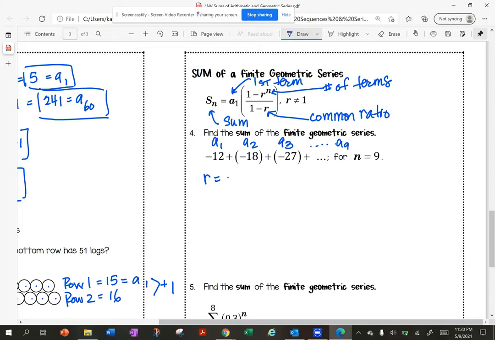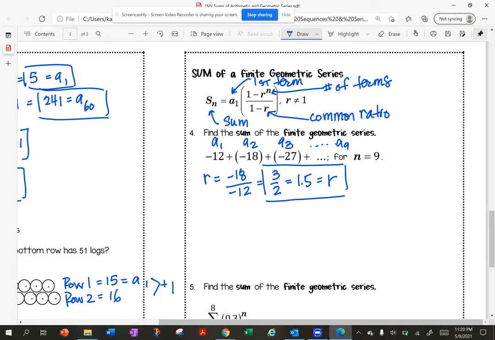So I'm going to take negative 18 and divide it by negative 12, the previous term. So this is going to be 3/2 simplified, or 1.5 is my common ratio.